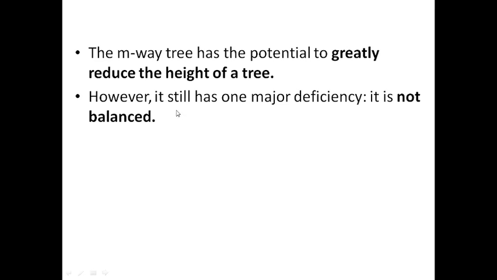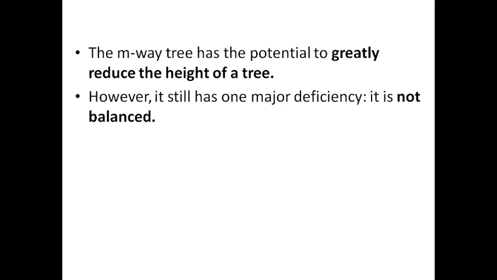But how has the height been greatly reduced? Because you can represent multiple values in each node. If you represent the data through a normal binary search tree or even an AVL tree, you can only have one value in each node. As a result, the height will become huge.